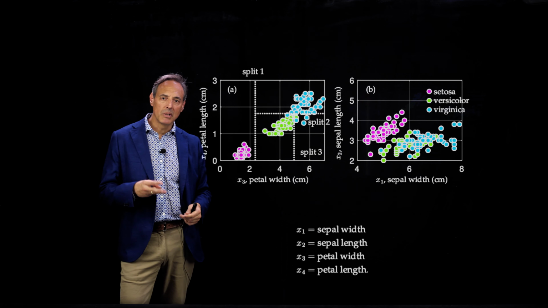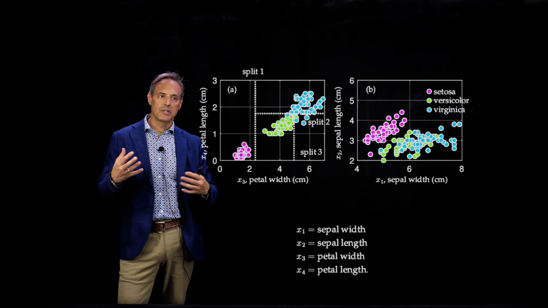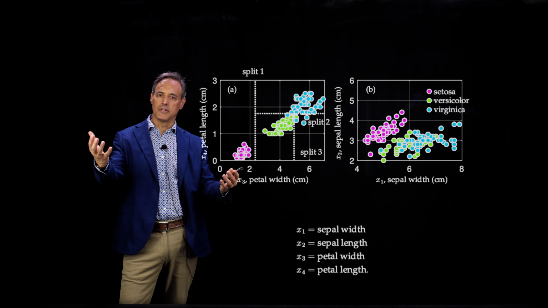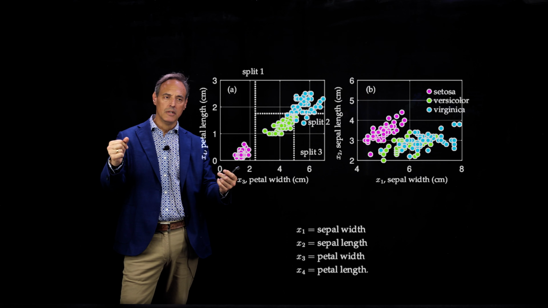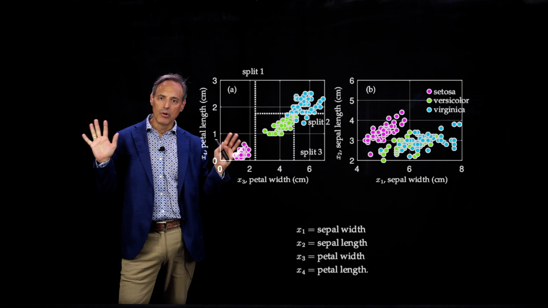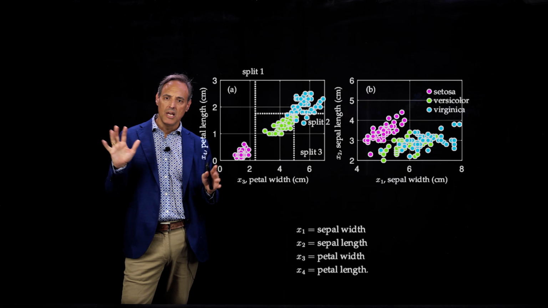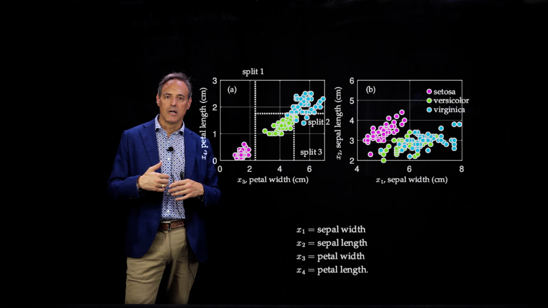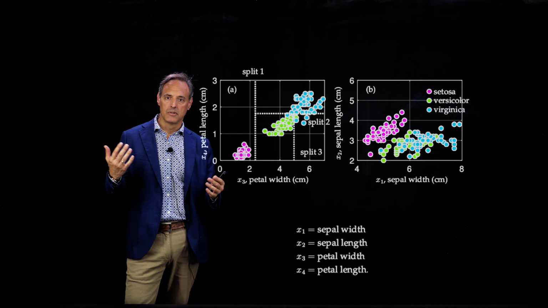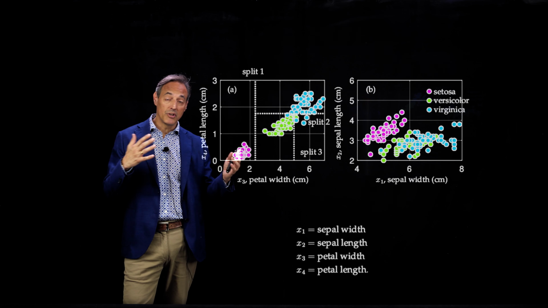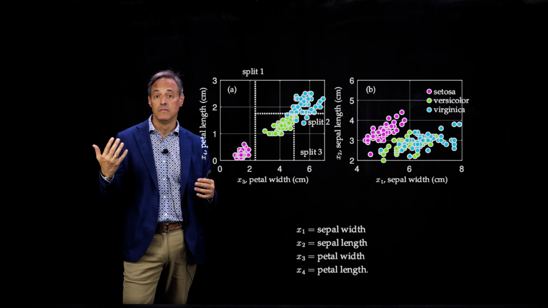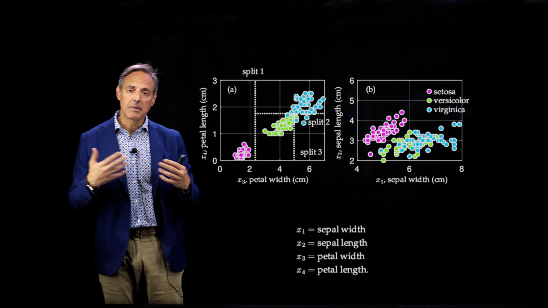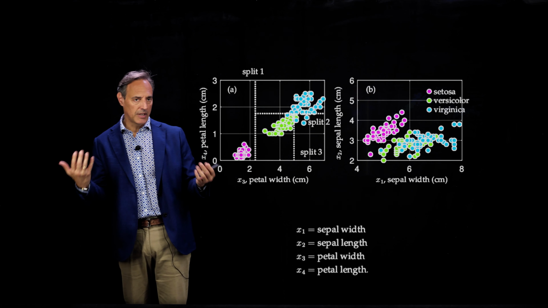So with 3 splits, I actually have a classification of the data. This is only 4 variables. Imagine if you were doing a classification tree with 1,000 variables, 10,000 variables. You'd be doing this at massive scale. And what you'd actually end up getting then is a classification tree.